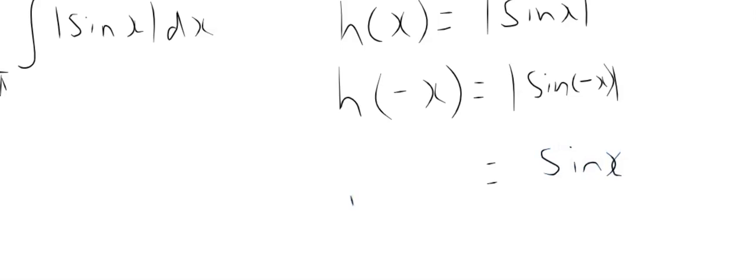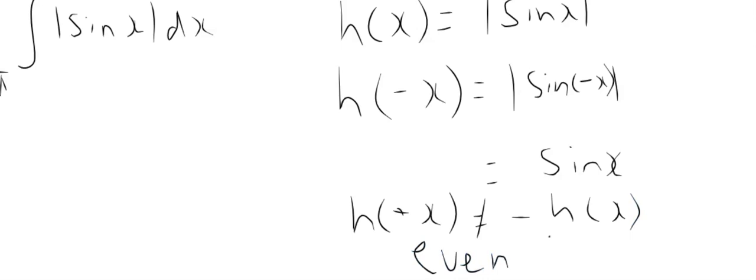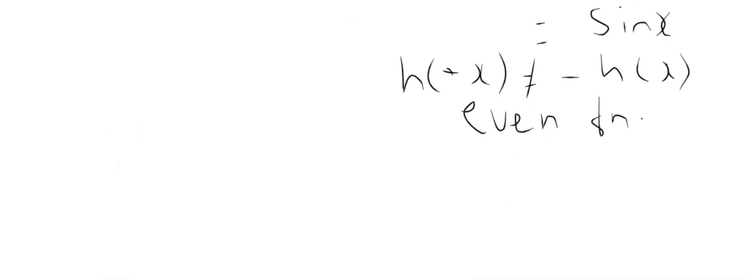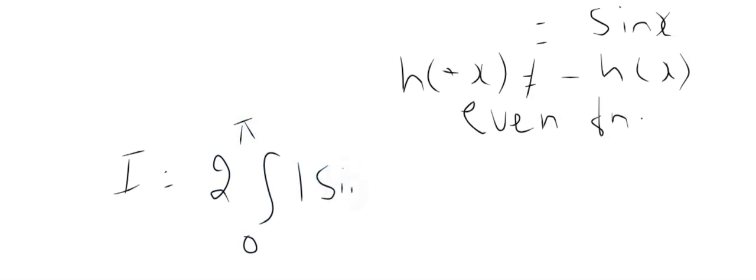Now it is clear that h of minus x is equal to h of x, not minus of h of x. So it is an even function. So by the condition, if it is an even function, then I is equal to 2 times integration of 0 to pi modulus of sin x dx.